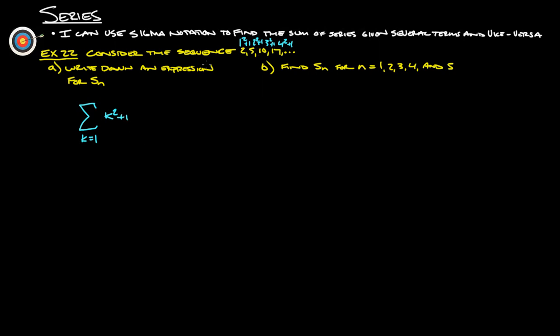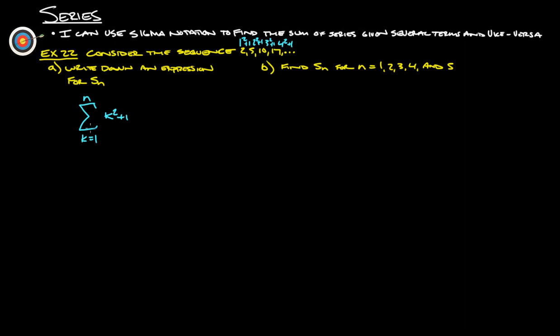So we're going to add 1 to each term, right? In this case, we don't know where it stops. It keeps going on forever and ever, so our last term is going to be n. So this is our expression for S of n.